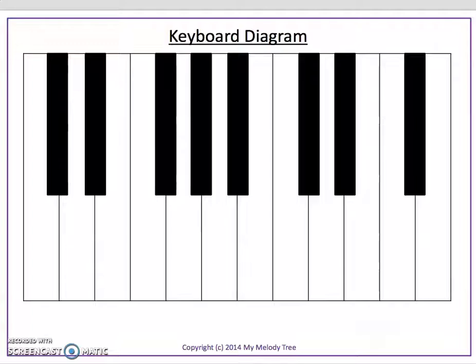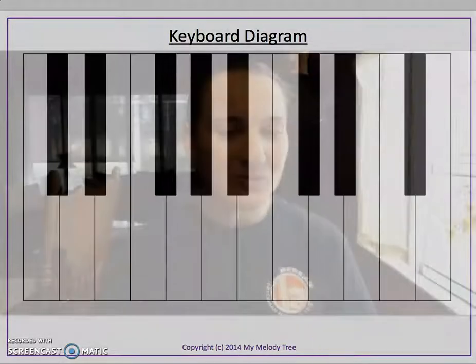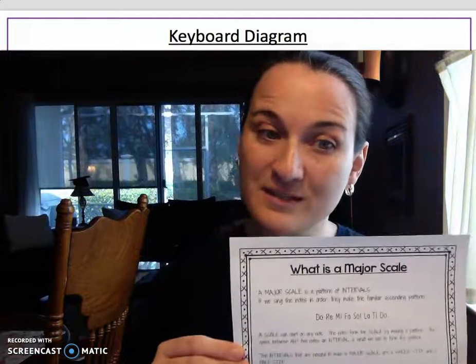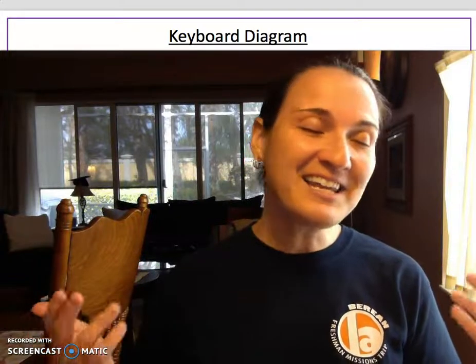Okay, now here's where you need to have this sheet because I'm going to talk you through this. Okay, it's very important. Now, we discussed major scales and minor scales, just very briefly, and we talked about how major scales sound happy. La la la la la la la la. That's a major scale.